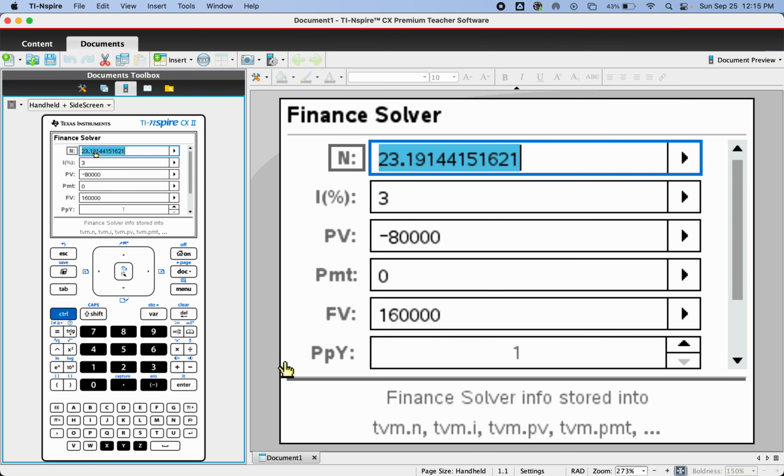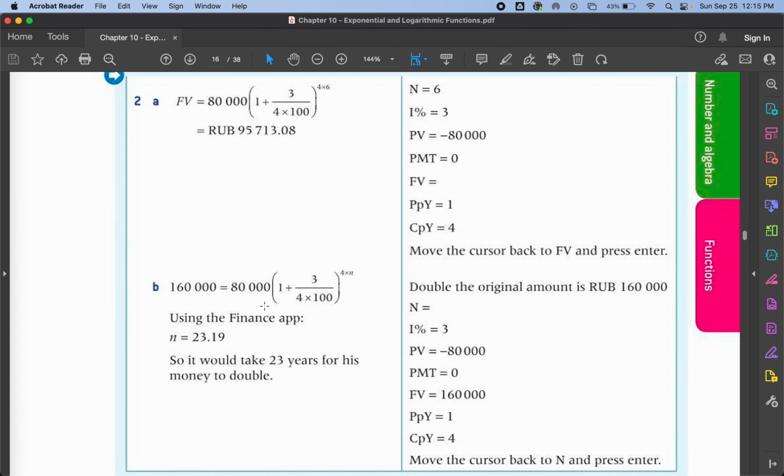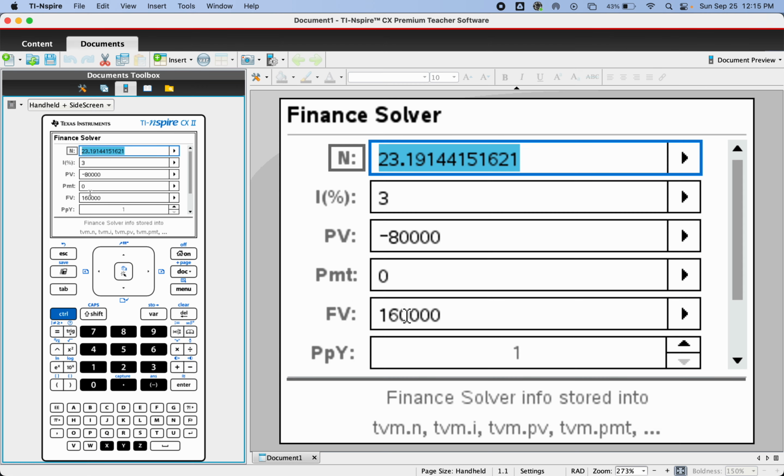So I hope that was helpful, and there will be other videos discussing different things to do with this app. This was just really using the compound interest feature, nothing besides putting an amount of money in, having a fixed interest rate, having a different number of potentially compounding times per year, and coming up with either a future value, which we did in part A, which was 95,713, or if we want a certain future value, solving for N, which is how long it will take to get to that value.